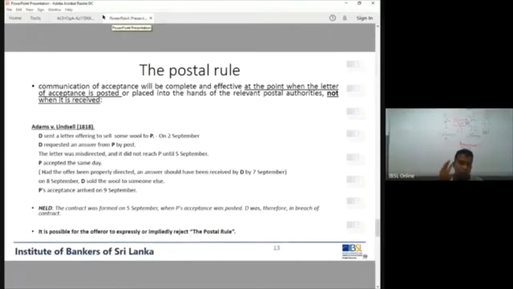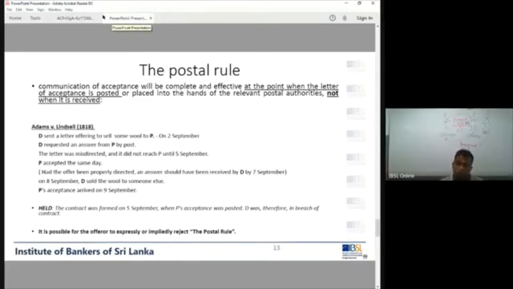He got the letter but didn't open it yet. We say a servant of the offeror has collected the letter and kept it on the table. After another 3 days, the offeror saw the letter, opened it and read it.